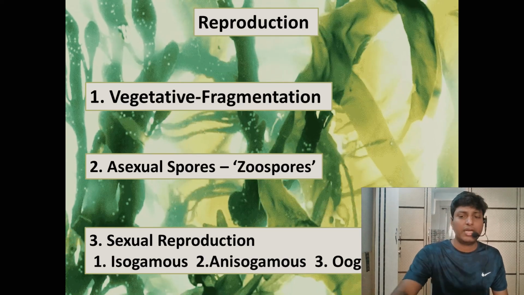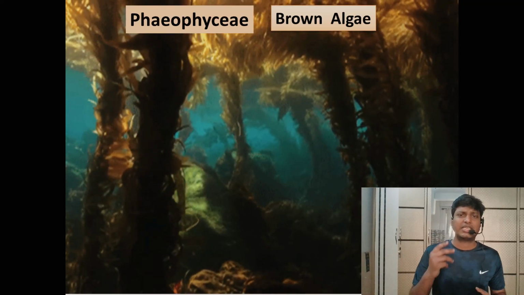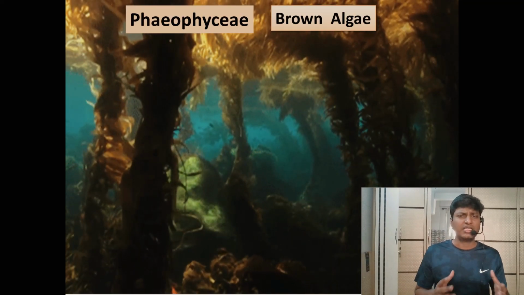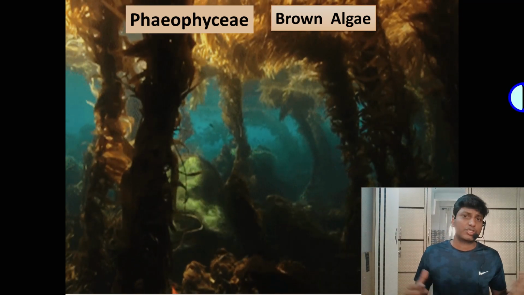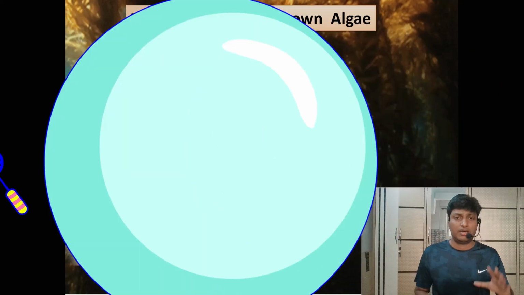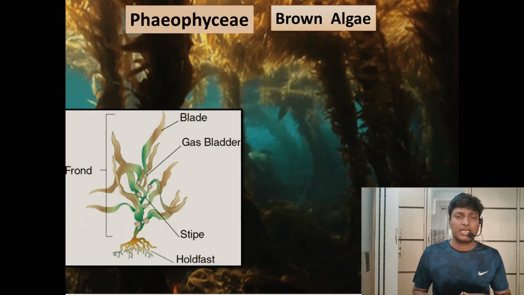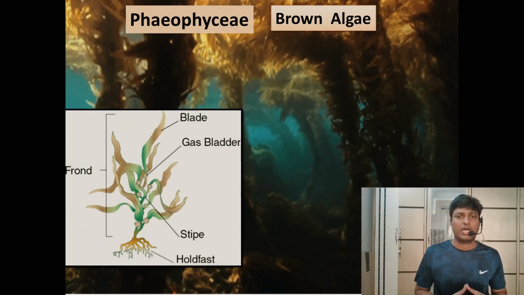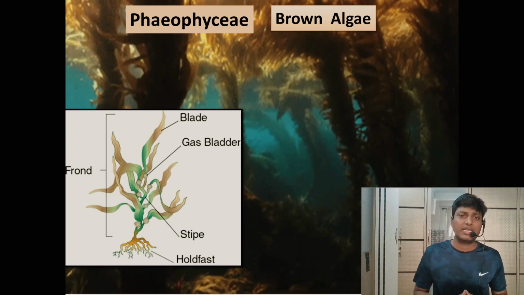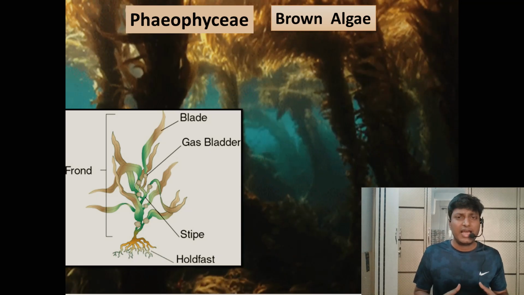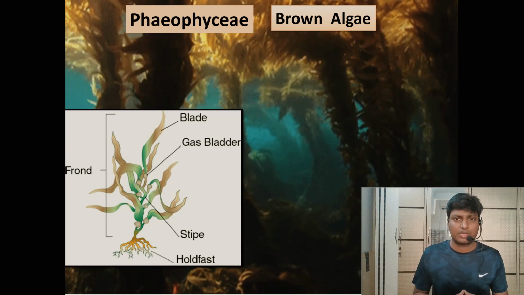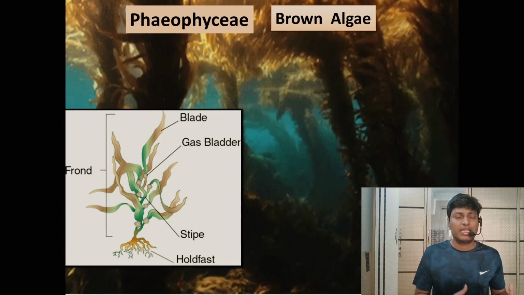Okay, so going ahead, dear students, the next type of algae is known as Phaeophyceae, which is also very commonly called brown algae. As far as the structure of this particular algae is concerned, brown algae is mostly multicellular in nature, and it has a more developed structure compared to green algae.